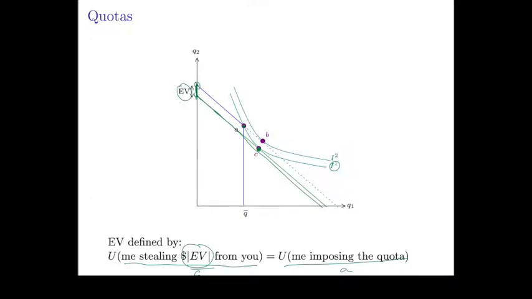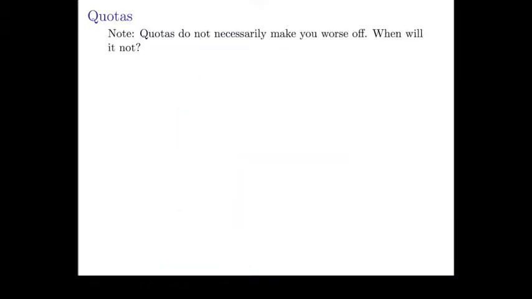So this illustrates how you could use the concept of equivalent variation to analyze the effects of something other than a price change, for example, a quota. Notice that a quota doesn't necessarily make every consumer worse off. In what kind of circumstance might somebody not be worse off?